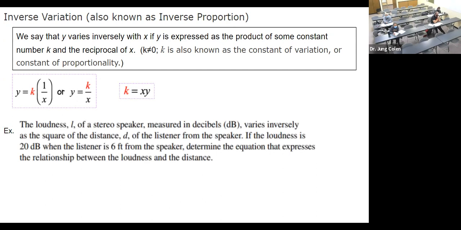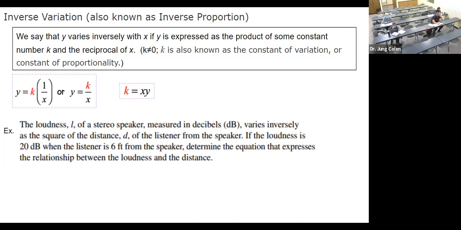And here's one example that you can solve using either direct variation or inverse variation. The loudness L of a stereo speaker measured in decibels varies inversely as the square of the distance d of the listener from the speaker. So let's think about this, loudness from the distance of the speaker.